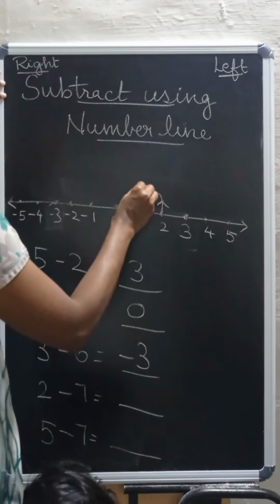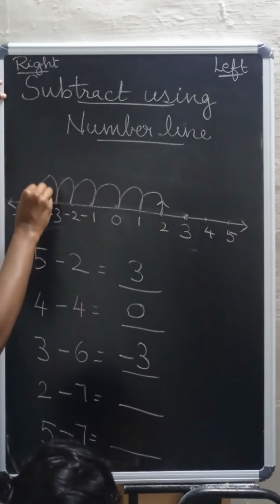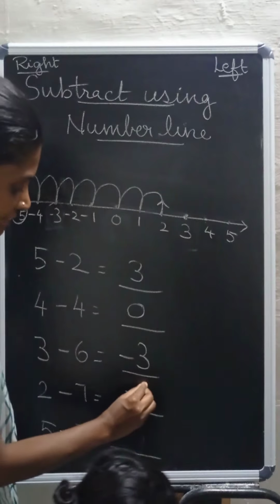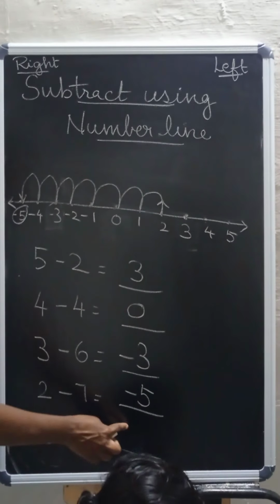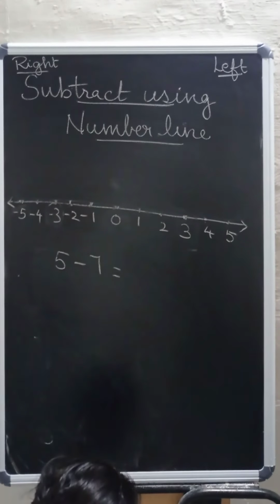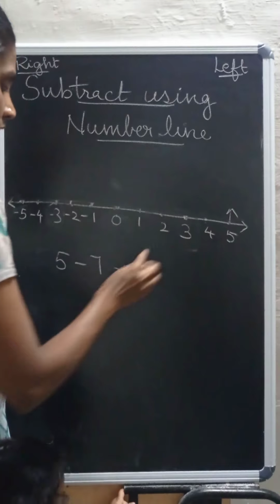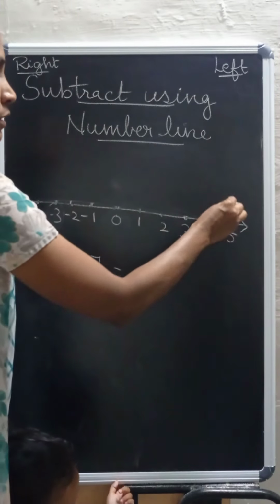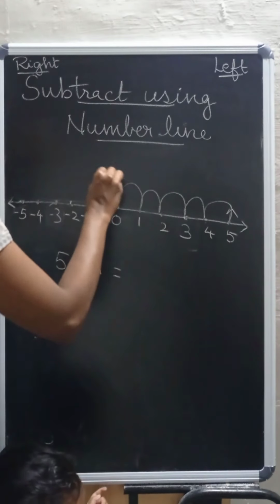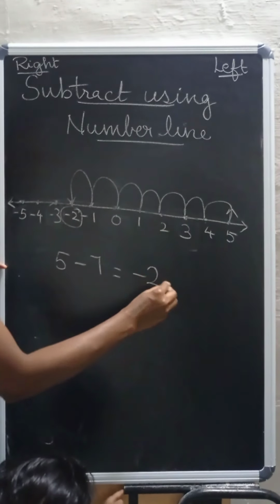So 1, 2, 3, 4, 5, 6, 7. So I come to minus 5. So 2 minus 7 is equal to minus 5. Next, 5 minus 7. So I am standing on 5. Minus 7 steps. 1, 2, 3, 4, 5, 6, 7. So I come to minus 2.